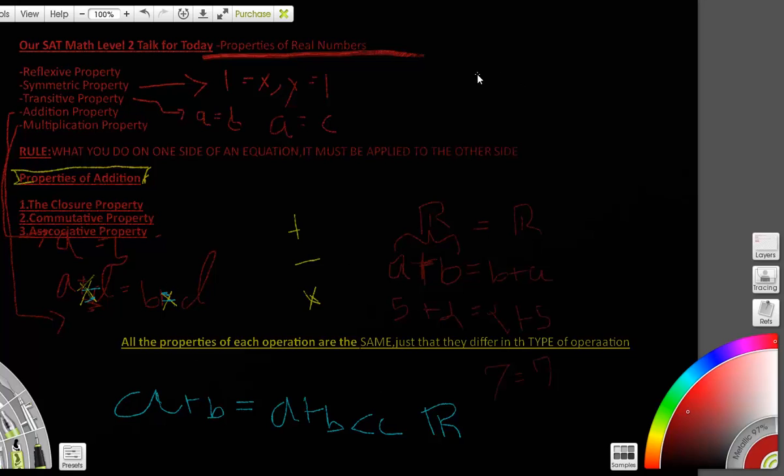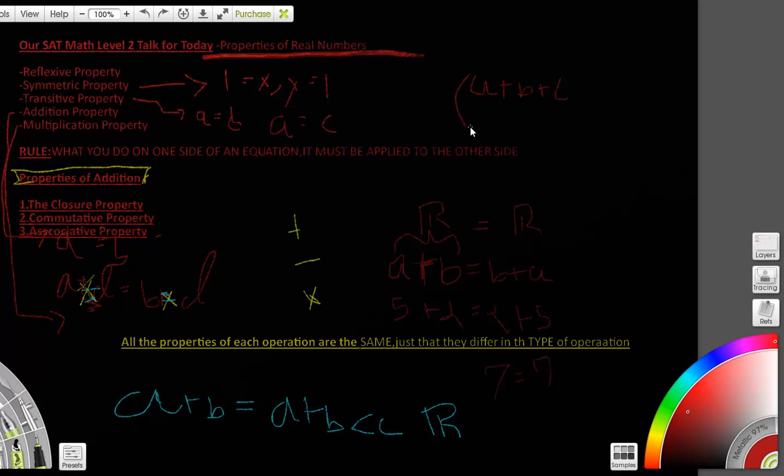So perhaps we have a plus b plus c, and it also tells you what numbers to do first. Parentheses around 2 numbers mean that you have to operate on those 2 numbers first.